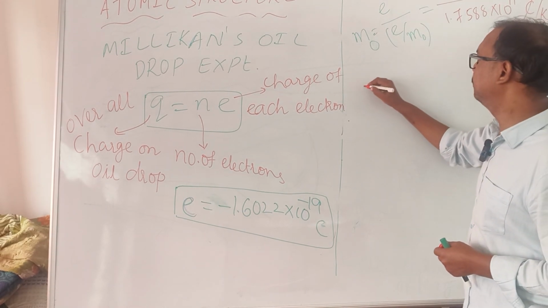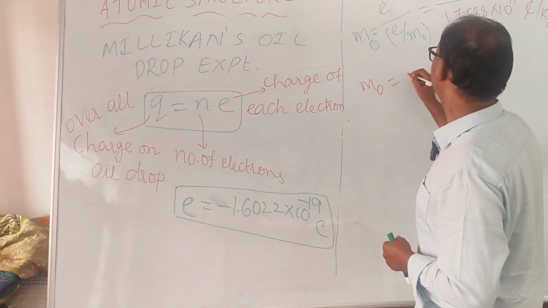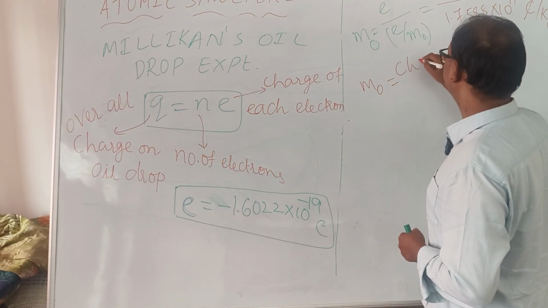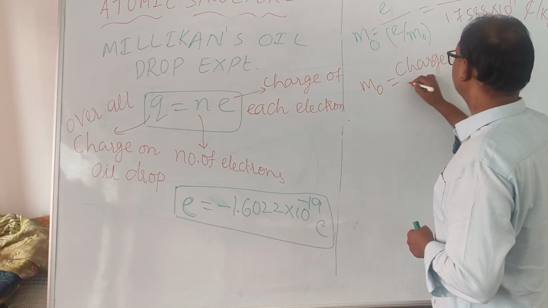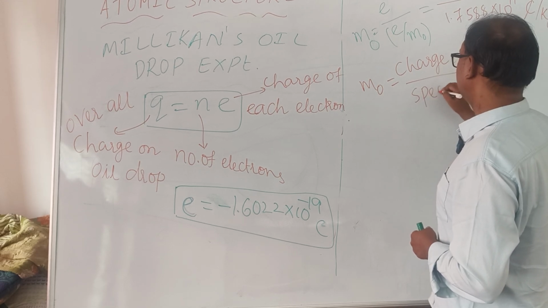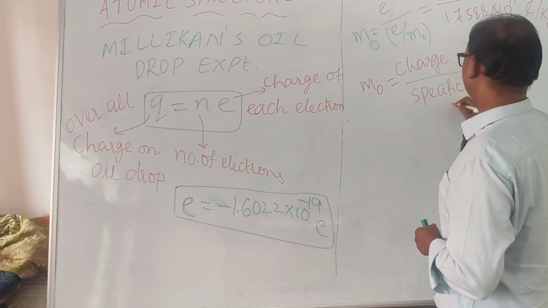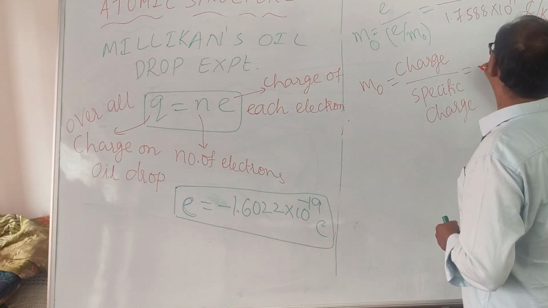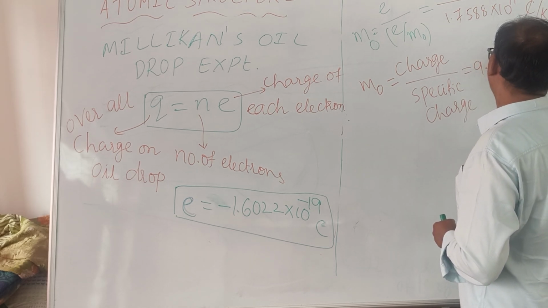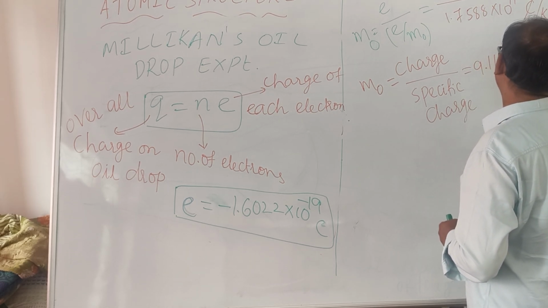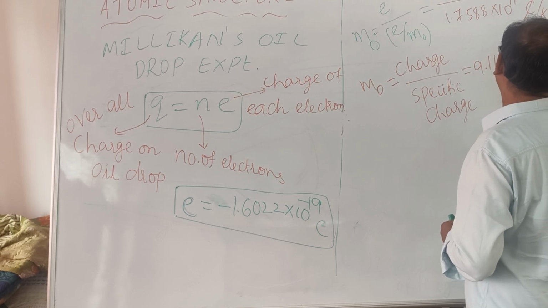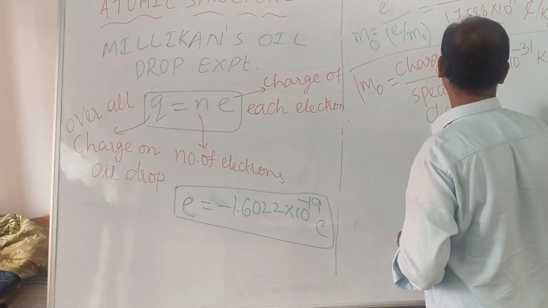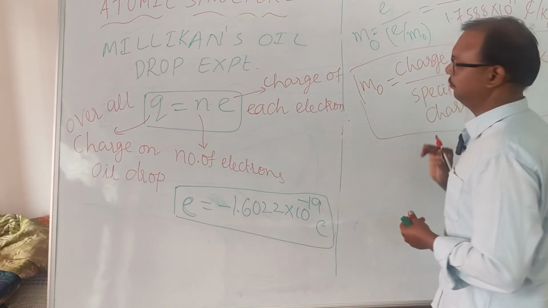You can write m naught equal to charge by specific charge, that is equal to 9.11 into 10 power minus 31 kilograms. This is the mass of an electron. Keep that in mind.